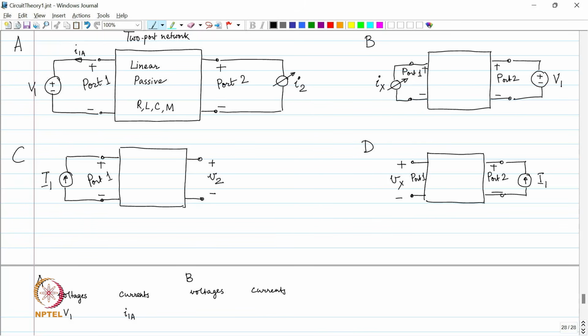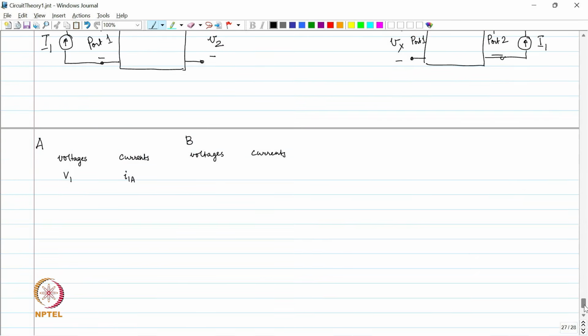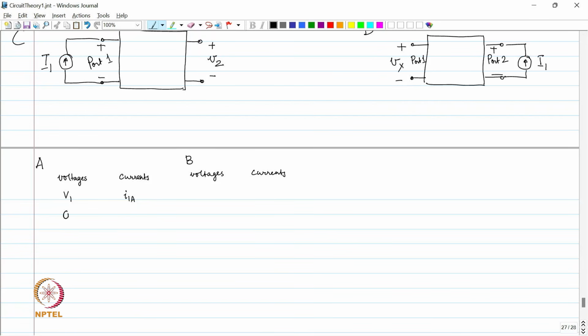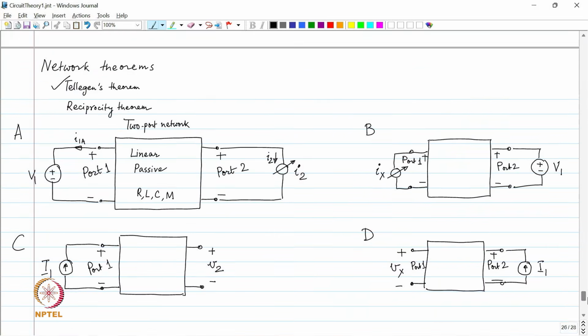Every component that I have, I want to find out the voltage, I want to find out the current. That is the plan. Over here at port 2, what is the voltage? Across the ammeter, what is the voltage? 0, and the current is I2.